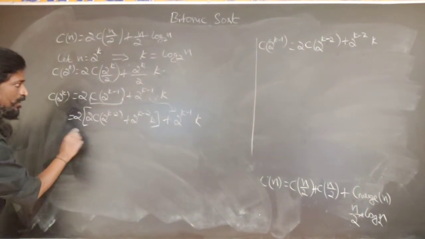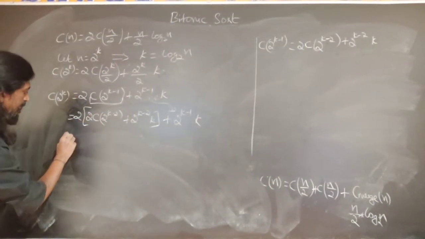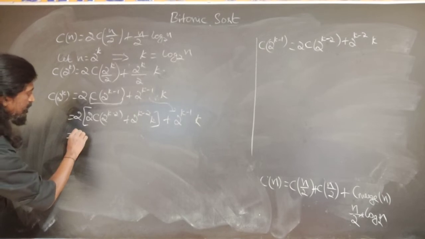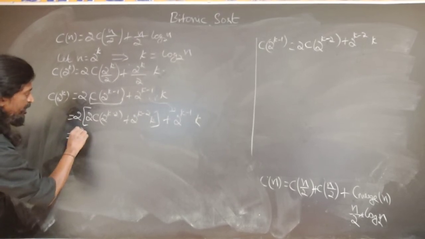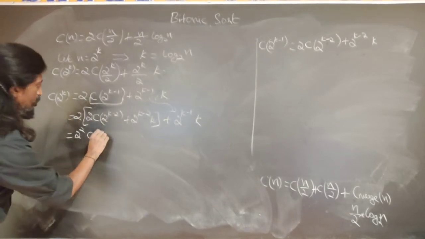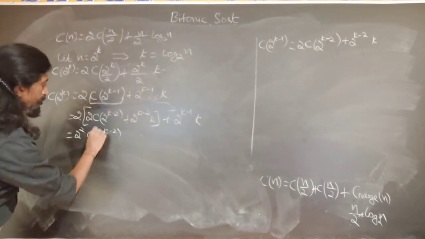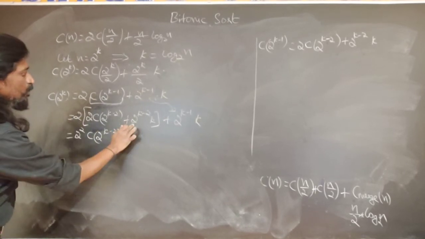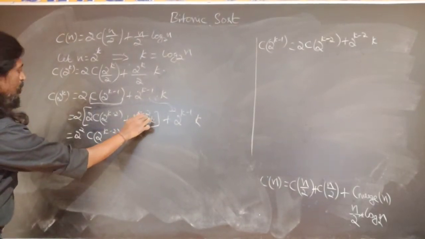Okay, so now we will remove these brackets. When we remove the brackets, we will get 2 into 2, 2 squared c 2 to the power of k minus 2, plus this 2 into this 2 to the power of k minus 2.